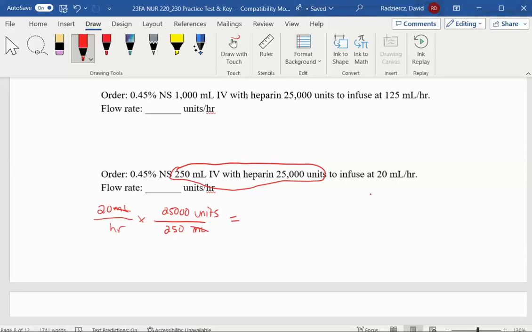This time I get an answer of 2,000 units per hour. Like I said, I'm not anticipating that you'll have a question where you're converting to units per hour, but I at least wanted to show it to you.